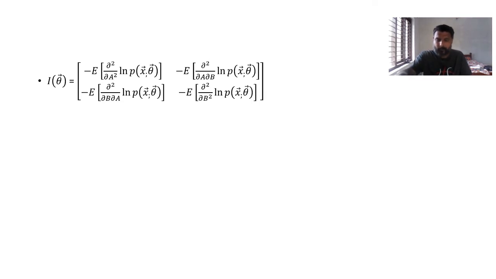That is the equation for p of x semicolon theta, that is the likelihood function. We know that the matrix is symmetric, as in the previous case.